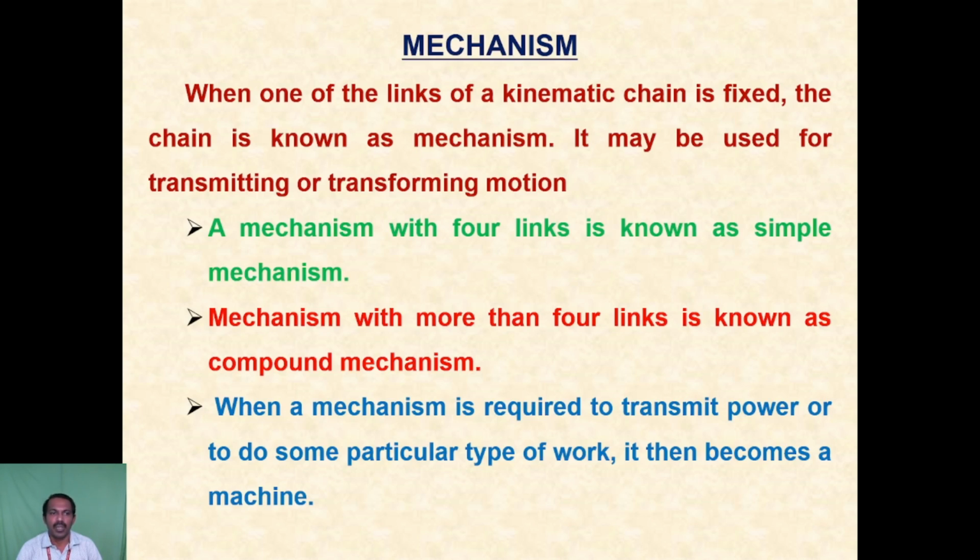It may be used for the transmission function. A mechanism with 4 links is known as a simple mechanism. A mechanism with more than 4 links is known as a compound mechanism. When a mechanism is required to transmit power or to do some particular type of work, it then becomes a machine.